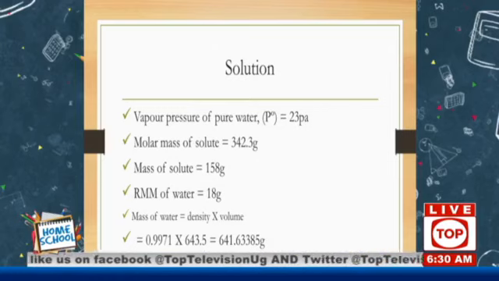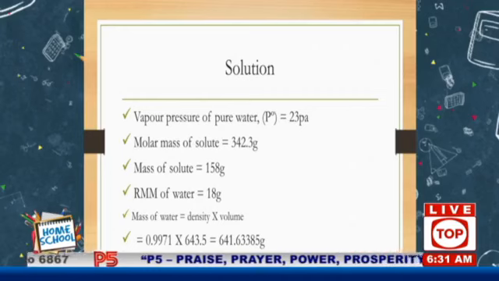The relative molecular mass of water, okay, everyone knows it. Water is H2O. That means sometime back we were calculating the relative molecular mass. Just get 2 hydrogen atoms plus 1 oxygen atom, 16 plus 2. You get 18 grams.